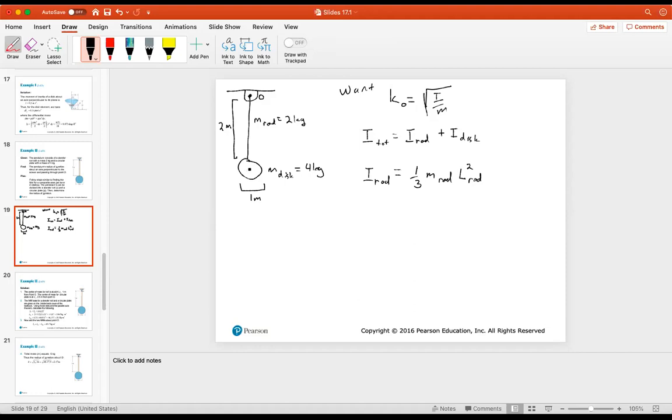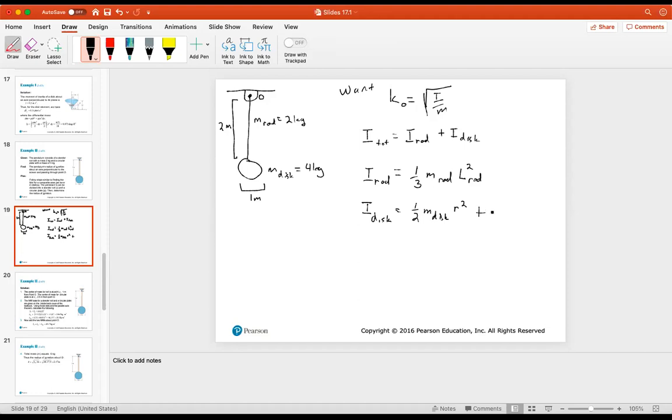Now I want to really do the same thing. I'm going to use the parallel axis theorem. We've had the moment of inertia for a disk about the center of a disk, and then I want to shift it by the length of the rod plus 1 radius. So the moment of inertia of the disk equals the moment of inertia about the center of the disk, that would be 1/2 mass of the disk times the radius of the disk squared, plus the contribution coming from the parallel axis theorem.